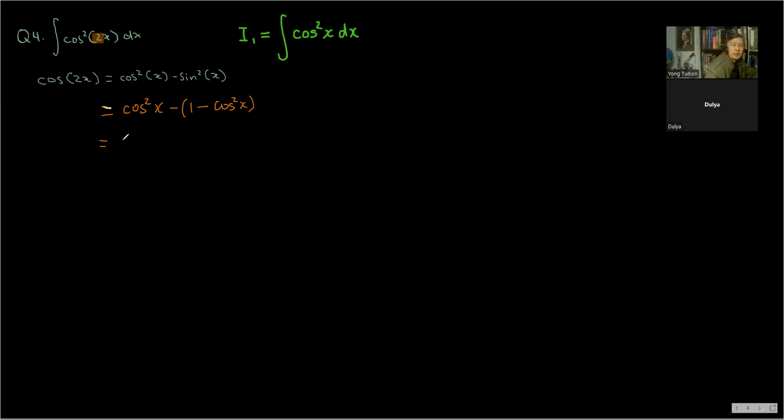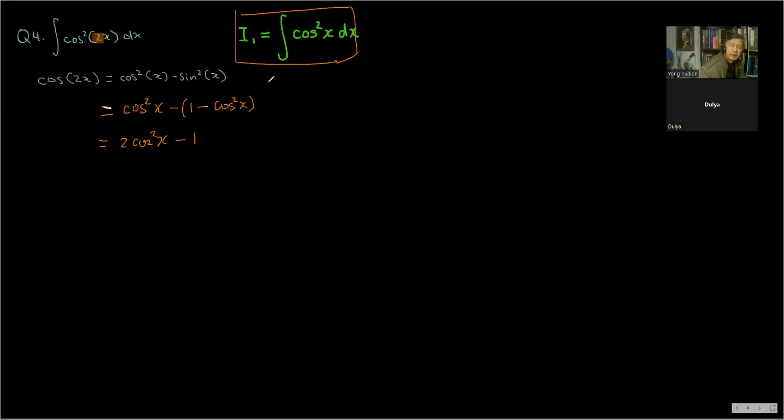So that will become 2 cosine square x minus 1. In this way, we got an identical integral now, so you can use the formula we just used in the previous question.